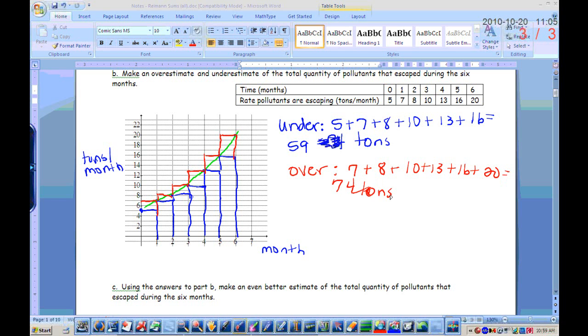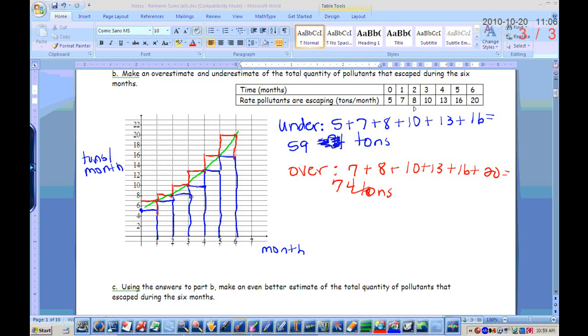Now there are some things I want to point out here. On your graph, look at my blue rectangles. Are all of those underneath my green line or above my green line? Underneath. So that makes sense that it's an underestimate. And all of the red rectangles are above that green line, so it's an overestimate.